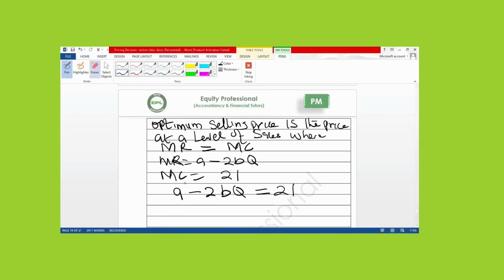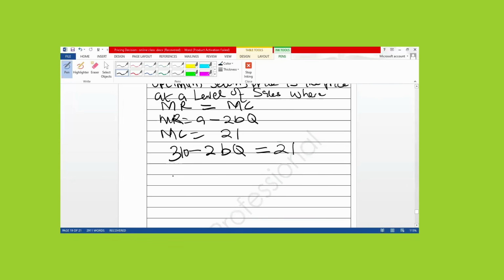Our A, we have calculated before. Our A is 310. Our B is minus 0.001.